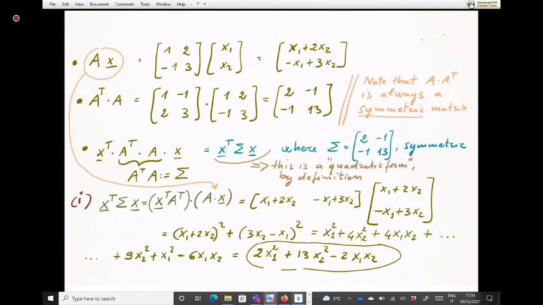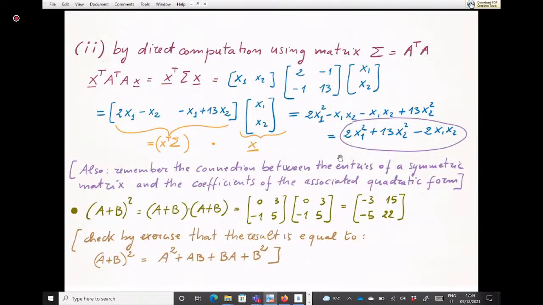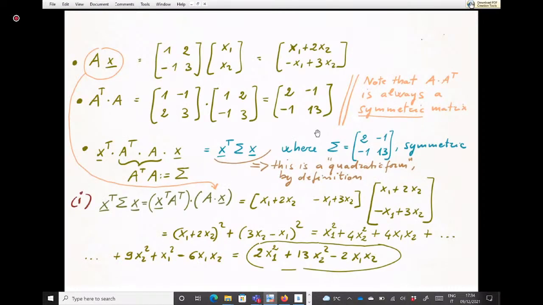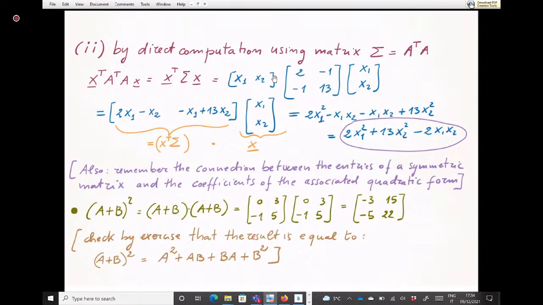And you can compute this also in this way, because we already know this matrix, which is this one. So the structure of the computation in this case is X transpose times the symmetric matrix that we obtained as the result of A transpose times A, times X, okay?